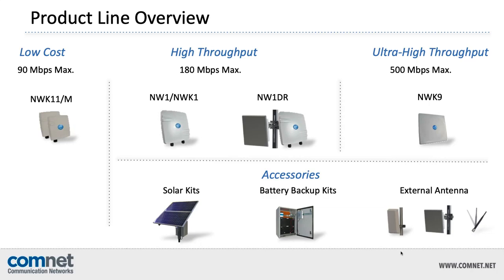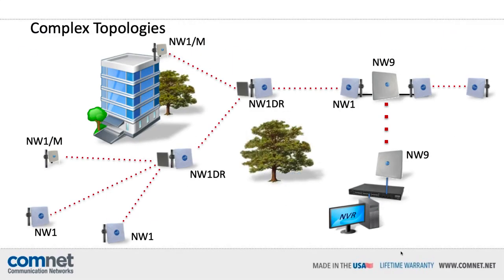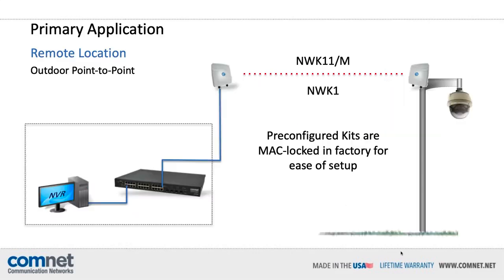In the accessories category, we have several options for external antenna, solar power kits, and industrial battery backup kits. The NetWave product line is capable of some very complex topologies combining any of the different devices. But by far the most common product and application is the simple point-to-point solution. The NetWave NWK11/M and NWK1 kits include everything you need to set up a wireless link.